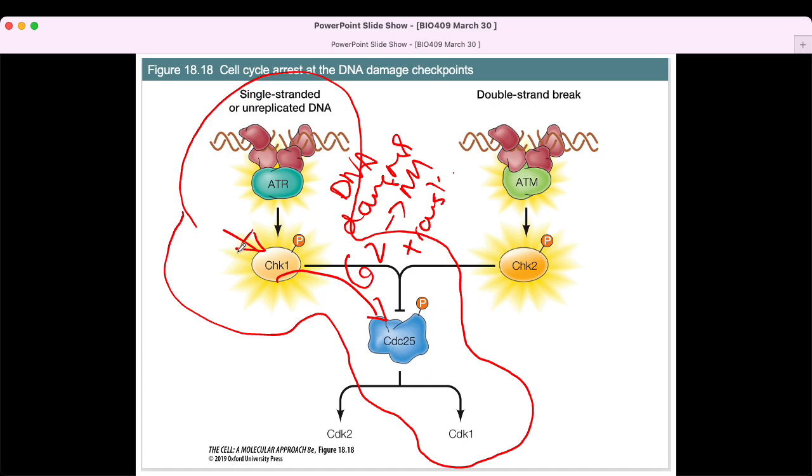This is just a little switch: if you haven't finished replicating your DNA, don't divide. It stays inactive until the damage or replication is resolved, and then all those steps get reversed, and CDC25 gets dephosphorylated and active, and it just removes those inhibitory phosphates, and that's it. That's the whole story. That's the whole package right there.